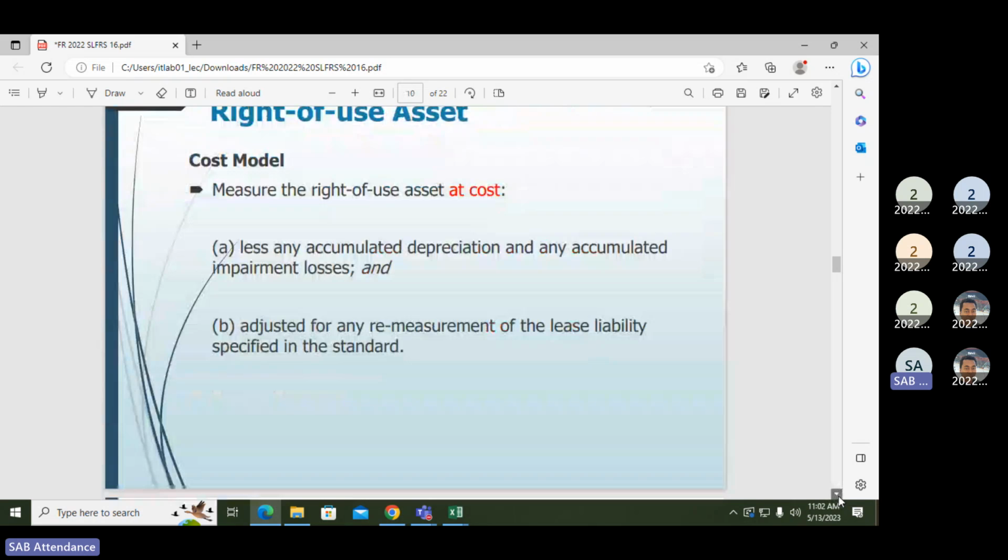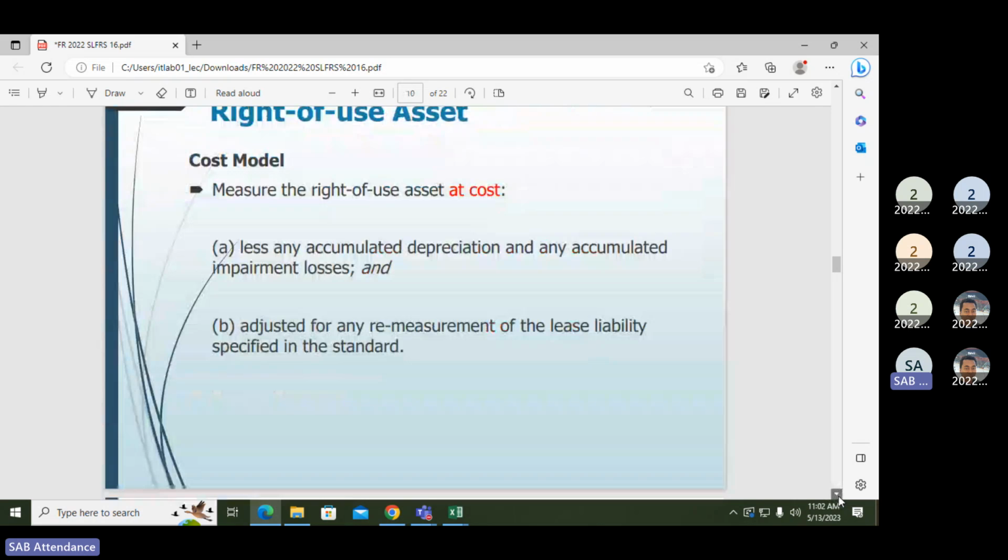Operating lease means it does not transfer risk and rewards. So the owner keeps the risk and reward. So it's purely a rent. Now you rent out a building, right? The building owner rents a building for 5 years.